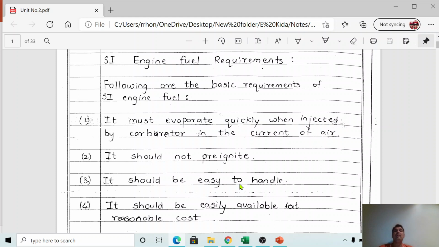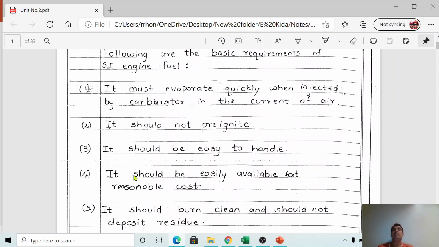Such facilities are present to transport petrol. If you compare this with mercury, I think all of you know about mercury, it is very difficult to handle. So this is one of the important requirements of SI engine fuel. It should be easy to handle, and petrol is very easy to handle.